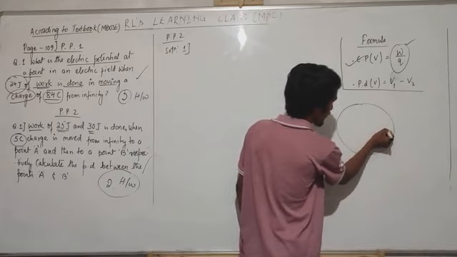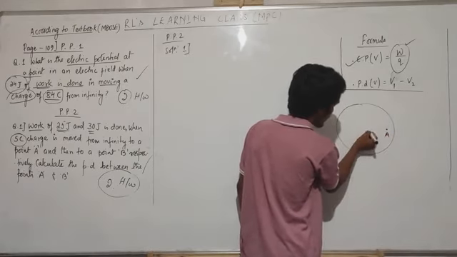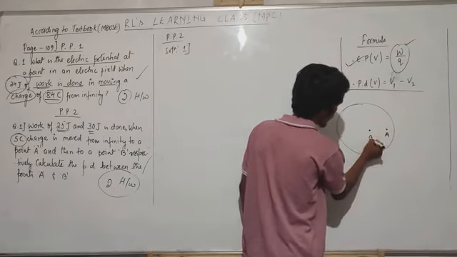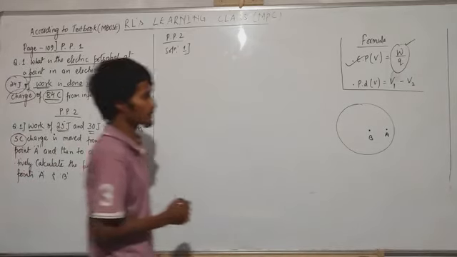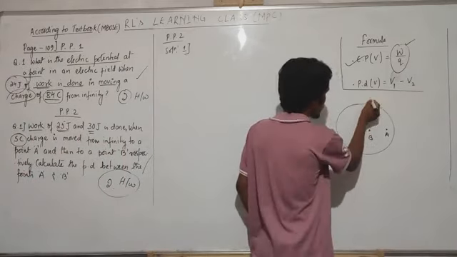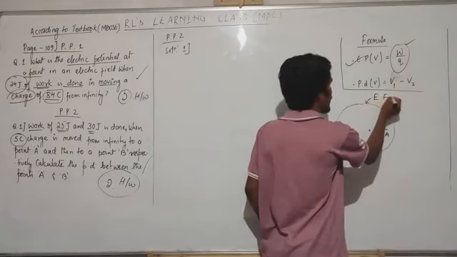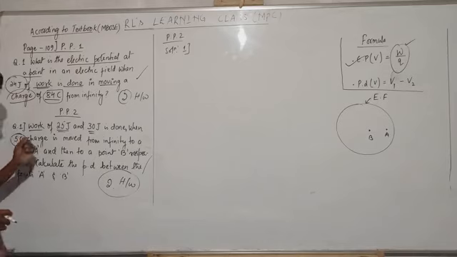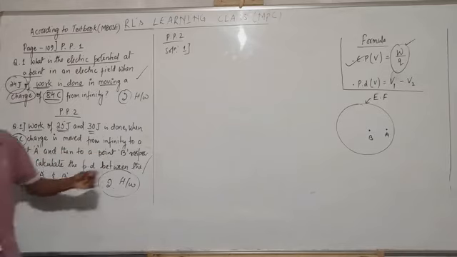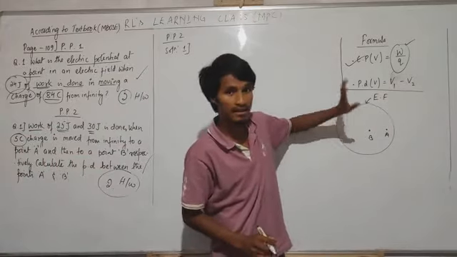Let me put a point A here and a point B here. Because it says moved from infinity to point A and point B, it means point A and point B are inside this electric field.